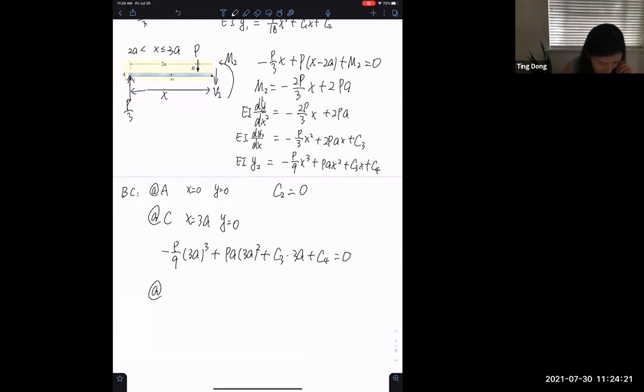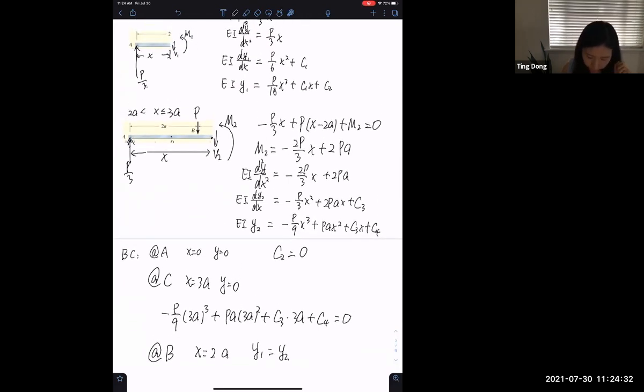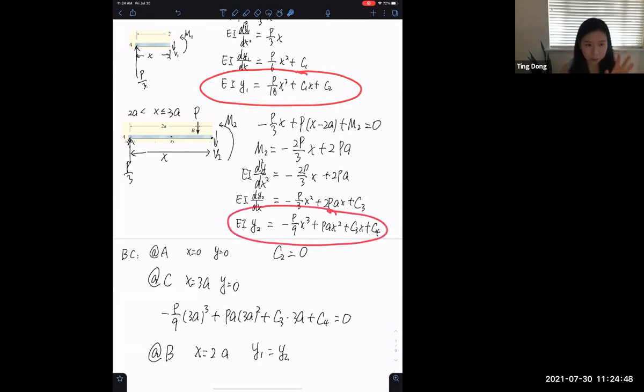So at B, as I said, when x equal to 2a, y1 equal to y2, which means that at point B, if I use this equation we derived from the left part of point B and plug in 2a, it should be the same as if I use this equation, which is derived from the right part of point B, and plug in x equal to 2a. These two, y1 and y2, should be the same, right?